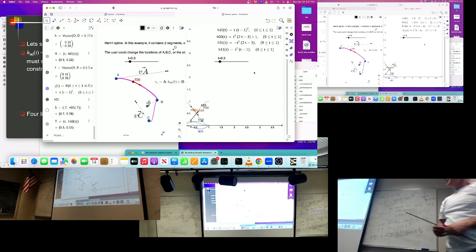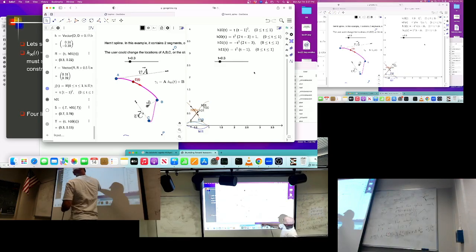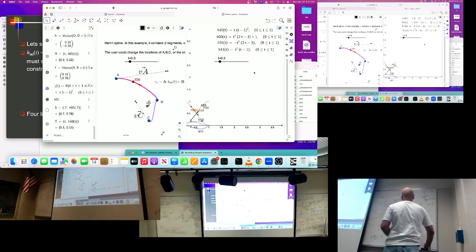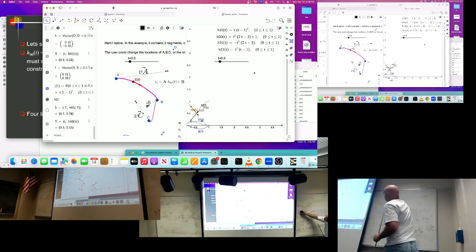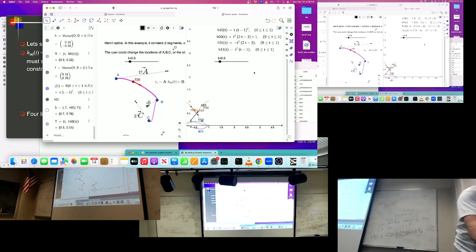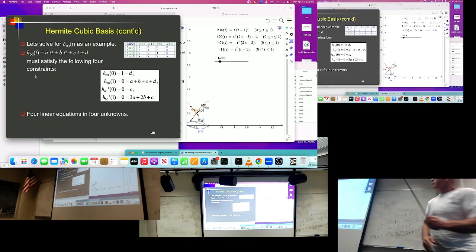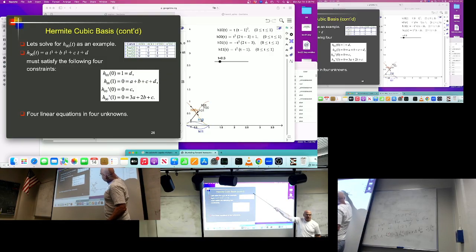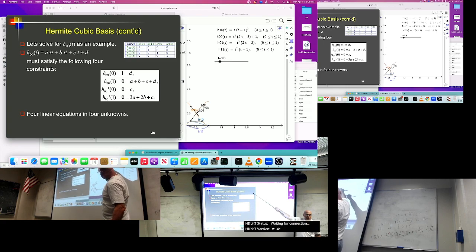is what do I expect from, say, H00 to be? So what you saw here is what Hermite wanted the four polynomials to satisfy. The first one needs to be equal to 1 at t equal 0. It should be 0 at t equal 1, and so on.